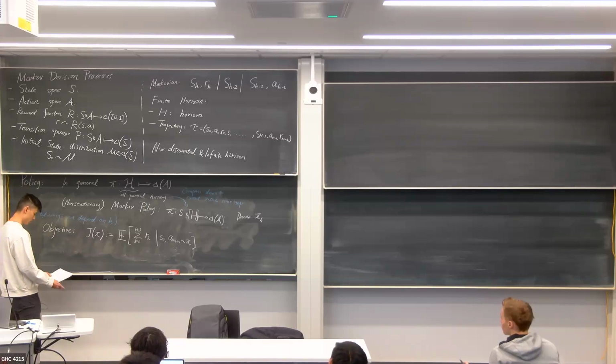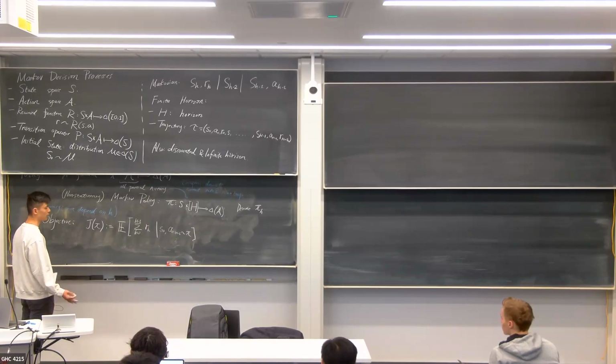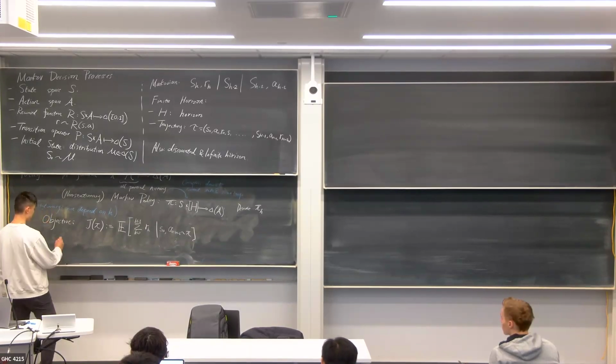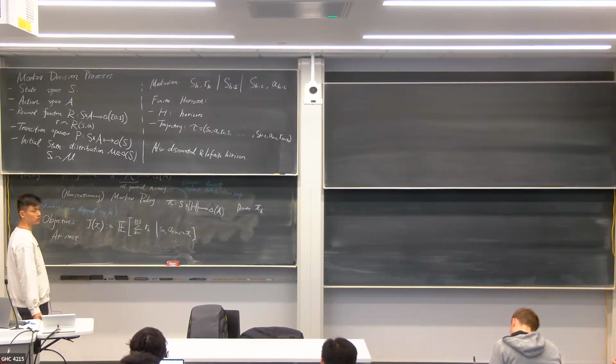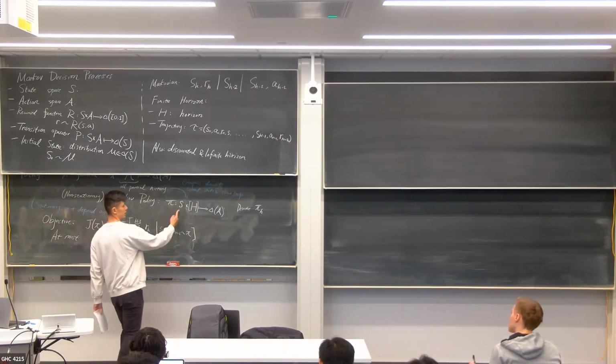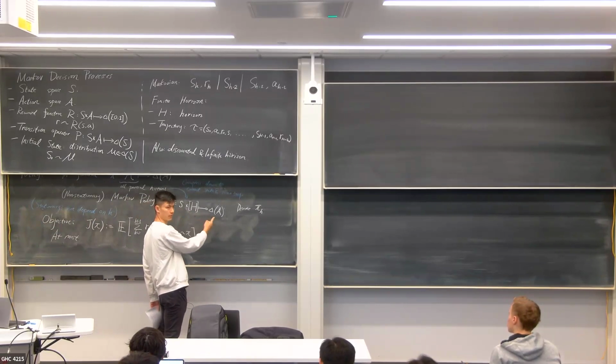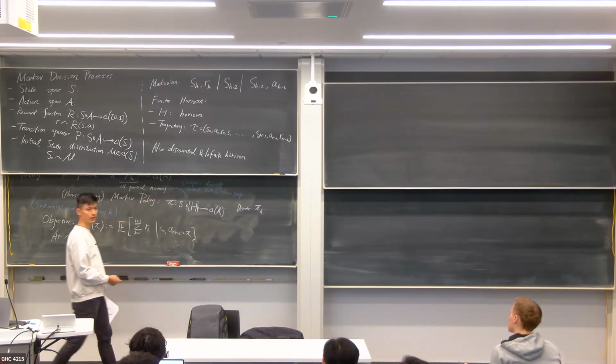It's not a good idea, but it helps appreciate the complexity of the problem. At most, how many deterministic policies can there be? For every state and every time step I have to choose some action.